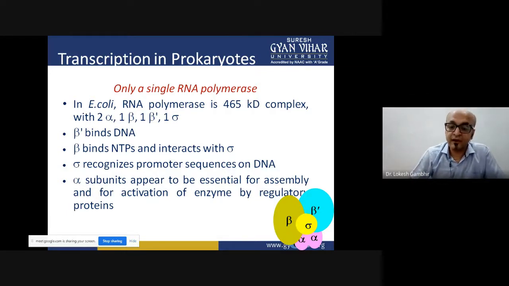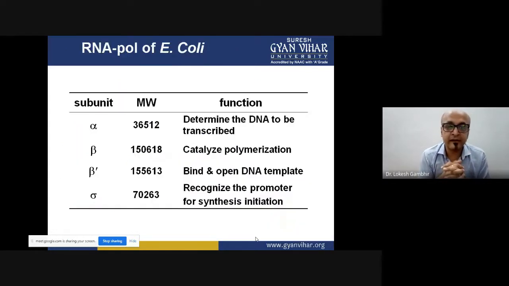Then there is alpha. Alpha is responsible for holding everyone together to form an enzyme complex. The integrity of this complex is maintained by the alpha subunit, and it also determines the template which needs to be used for the synthesis of RNA. So the alpha is responsible for holding the assembly as well as recognizing the template DNA.